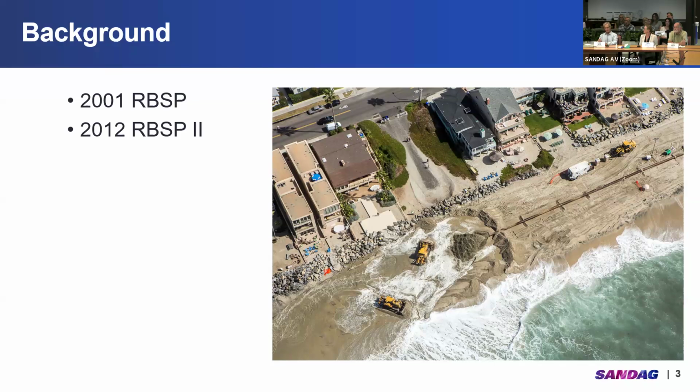There was one in every city with the exception, I think, of Coronado. And then the second regional beach sand project was built in 2012, and it was a smaller project, about 1.5 million cubic yards of sand placed at 8 beaches total. And several cities dropped out because the economic climate was a little more challenging at that time. I think San Diego, Del Mar, and Coronado probably didn't participate.